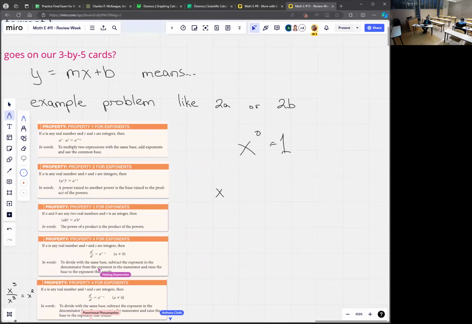So x to the negative n is 1/x to the n. Or similarly, 1/x to the -n is x to the n. So a negative exponent flips it from numerator to denominator. There was that pattern we looked at to show how that works. Okay, moving on.